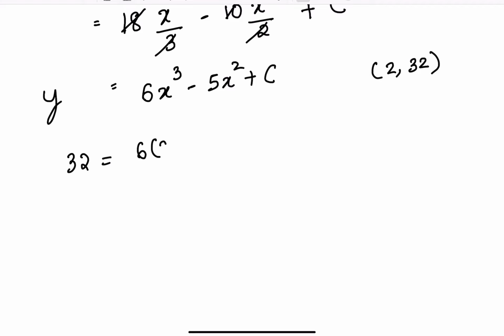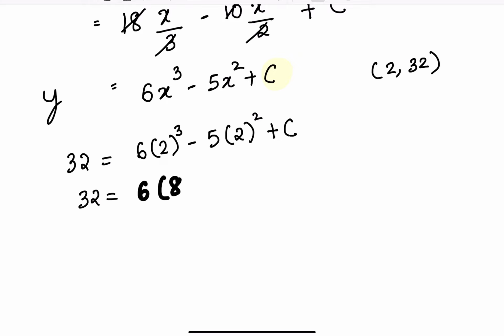So I'm plugging in the value: 6 times 2 cubed minus 5 times 2 squared plus c. Remember, my goal here is to find the c. Just by giving the integral, you're not giving me the complete equation, because what am I going to put for c? Once I have that, I have 32 equals 6 times 8 minus 5 times 4 plus c.